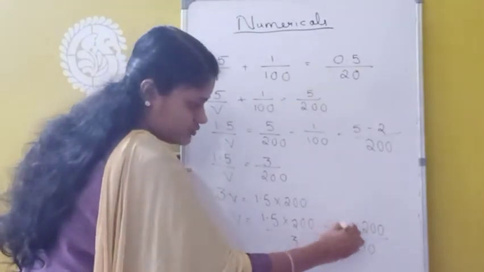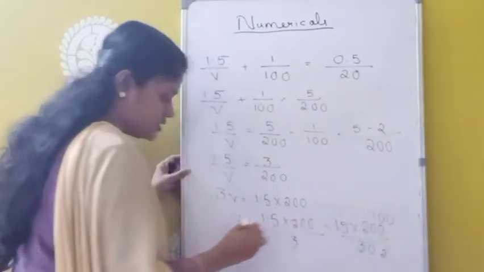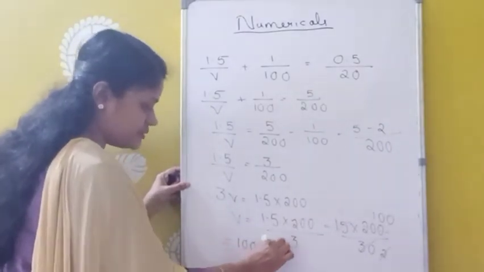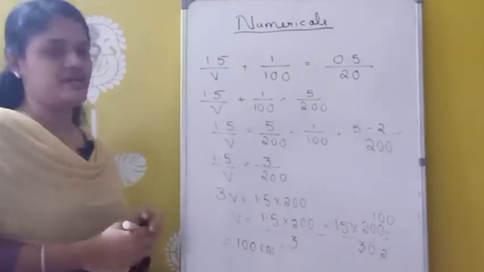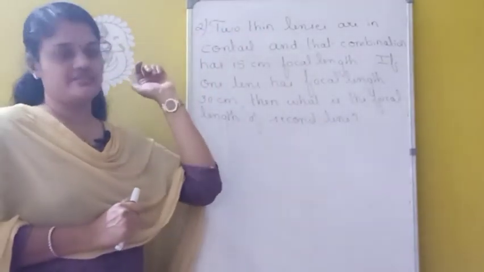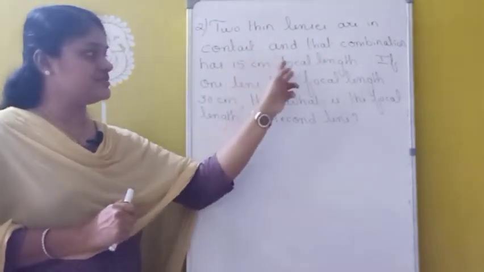Cancelling, we get 100. So we are getting the answer as 100 centimeter. So this image distance is 100 centimeter.